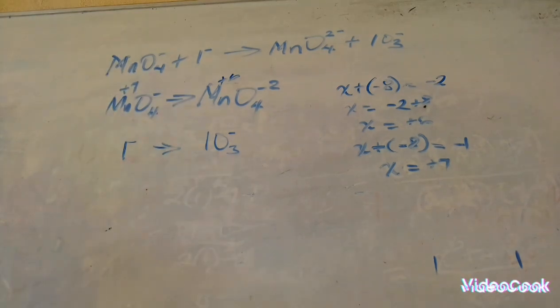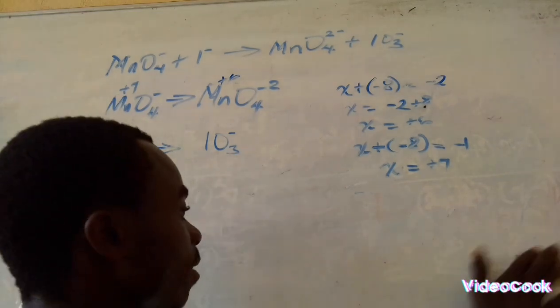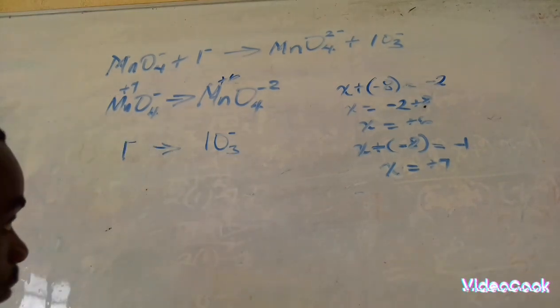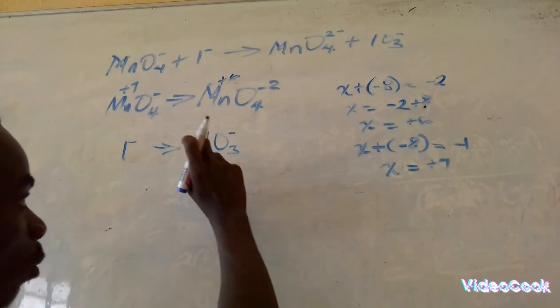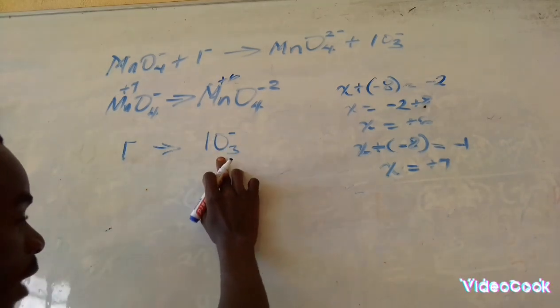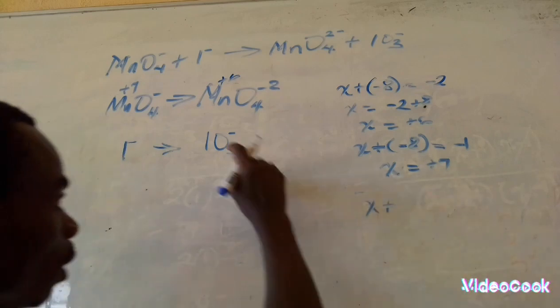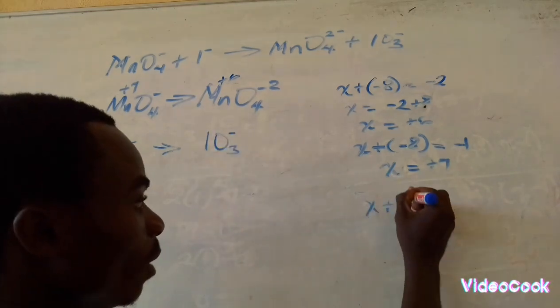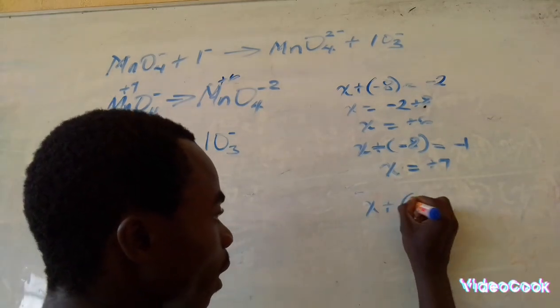All right. Now let's proceed. Let's get to this. Here we have 3 as the subscript for oxygen. So let's represent this with x because we are looking for the charge for this. This one is just negative 1. So we're going to have x plus the oxygen: 3 times the 2 is going to give us negative 6.